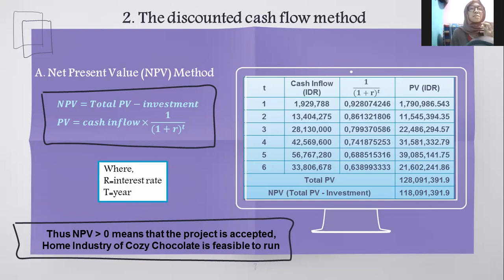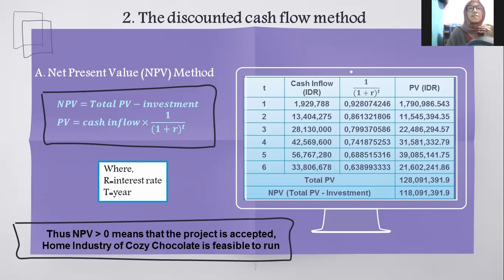There is the net present value or NPV method. The formula of NPV is equal to total PV minus investment, and PV is equal to cash inflow times 1 over 1 plus R power T, where R is the interest rate and T equals year.